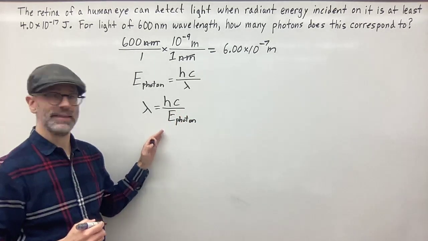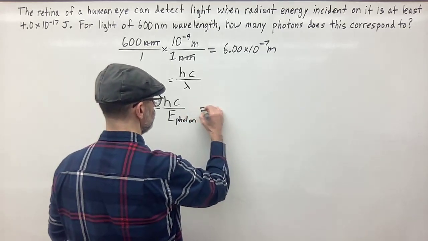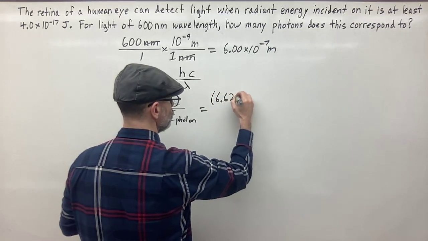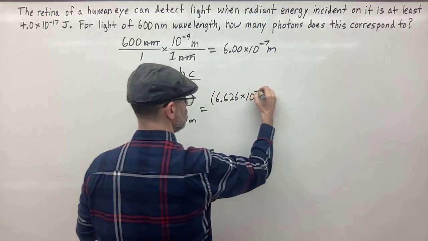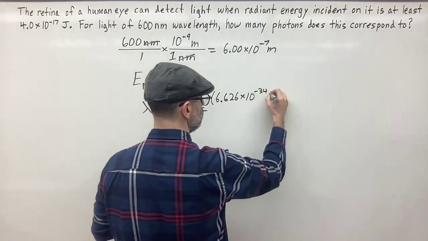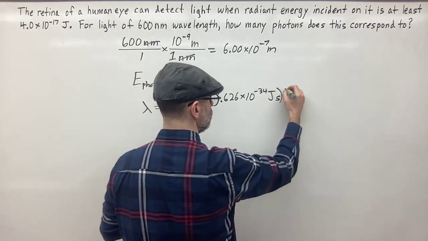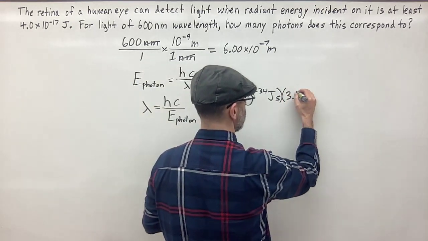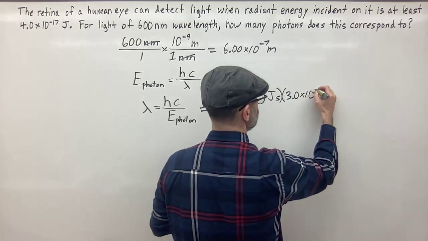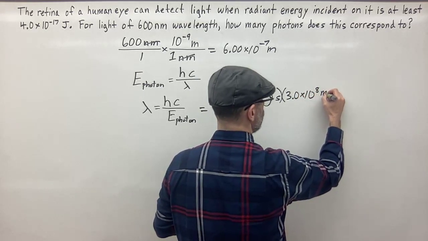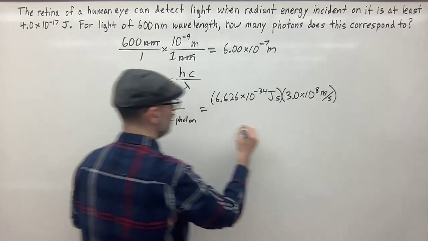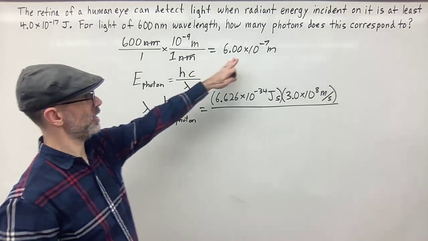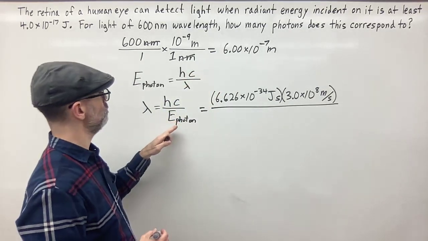So now I can plug everything in. Planck's constant is 6.626 times 10 to the negative 34 joule seconds, multiplied by the speed of light, which is 3.0 times 10 to the 8th meters per second, divided by the energy of the photon, which is what we have here.